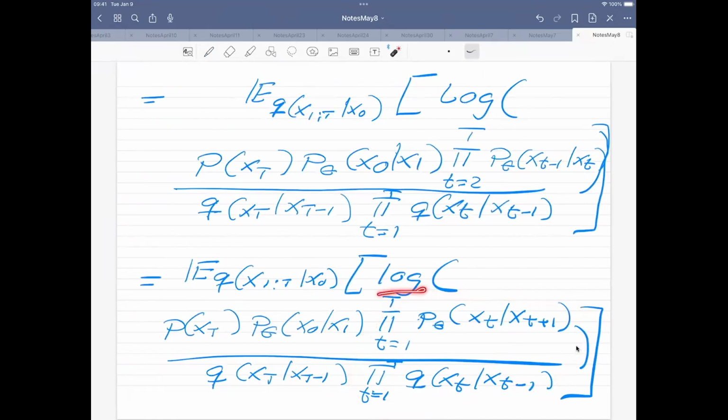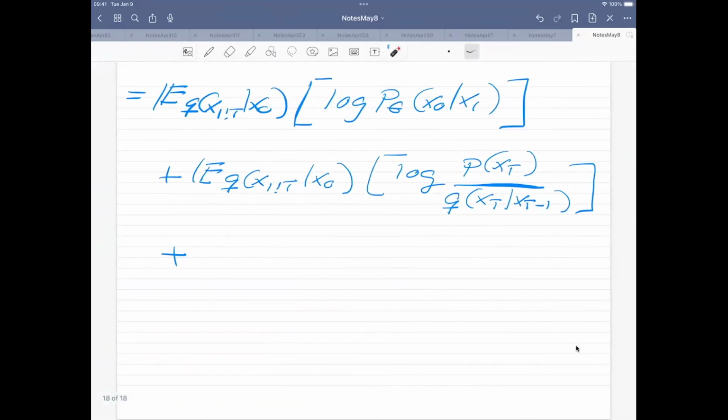Since we have a log here and we have products, we can rewrite that as a sum of logs. So that means that the last term is going to be equal to E of Q, expectation value again, x1, T of x0.